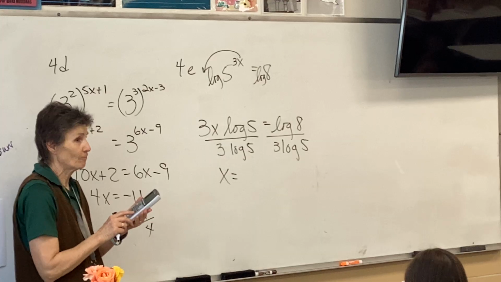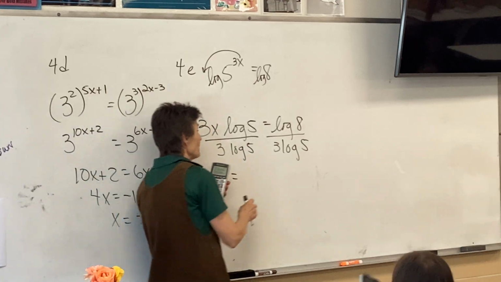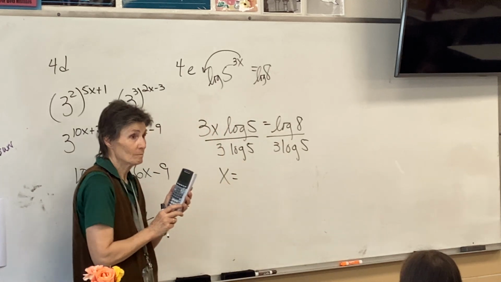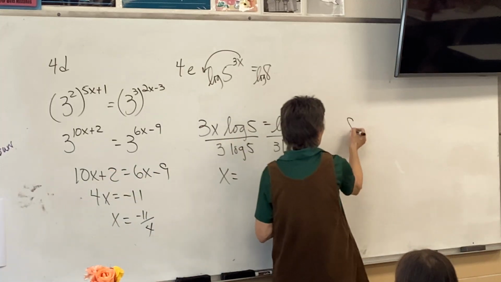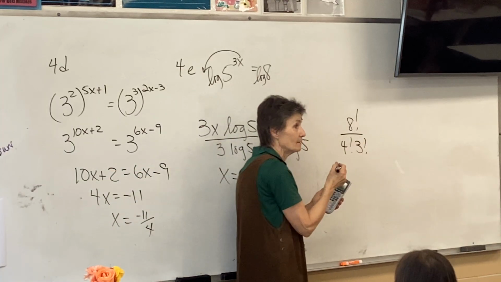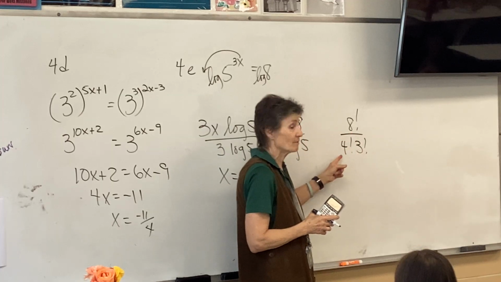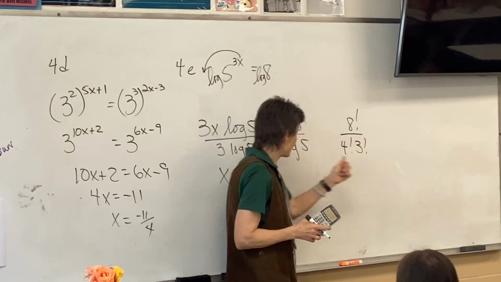Now be careful. How many things are we dividing by? 2? And this is like the ones we did before. Remember when we had like 8 factorial over 4 factorial, 3 factorial, something like that? How did we put that into our calculator? 8 factorial divided by, that's how you're gonna put this in.